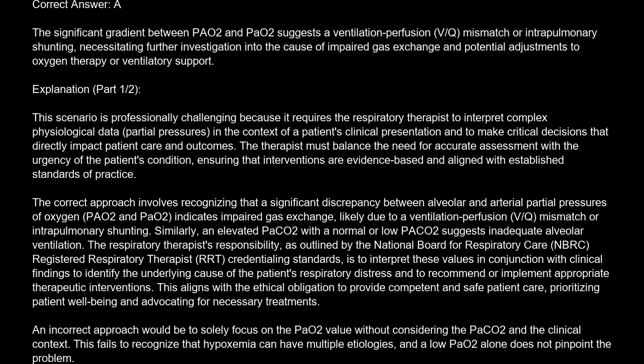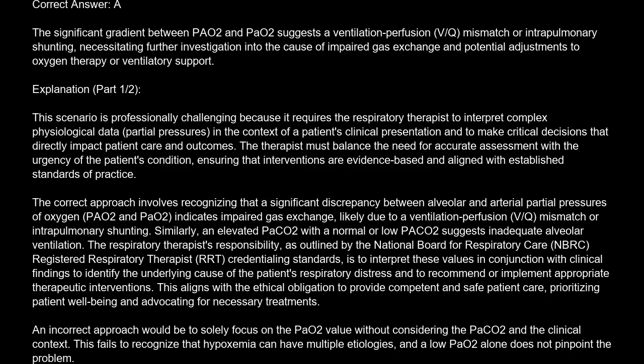The significant gradient between PAO2 and PaO2 suggests a ventilation perfusion (V/Q) mismatch or intrapulmonary shunting, necessitating further investigation into the cause of impaired gas exchange and potential adjustments to oxygen therapy or ventilatory support.